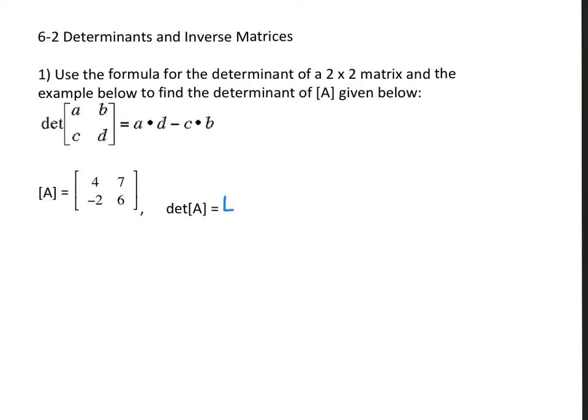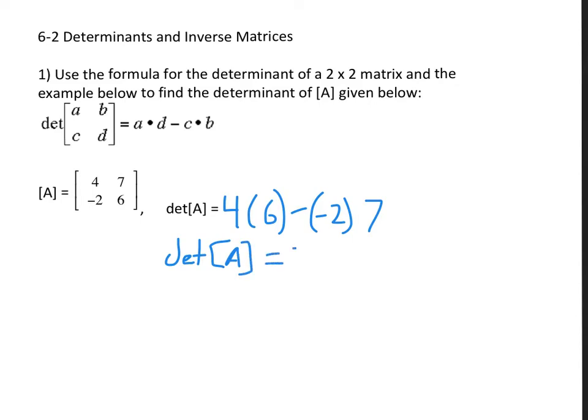So that's going to be 4 times 6 minus -2 times 7. And when we simplify that, we should get 38. So the determinant, DET, of matrix A equals 38.